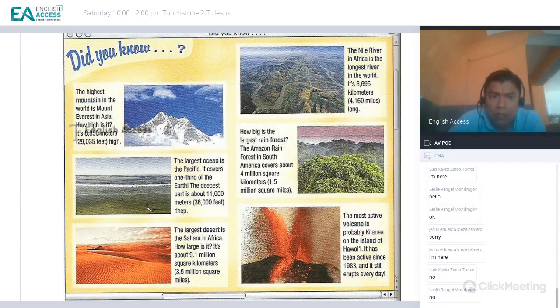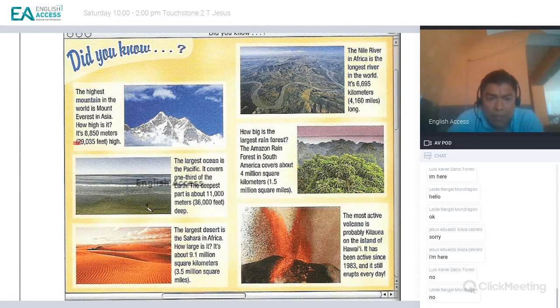How high is it? It's 8,850 meters high. And this is the equivalent to 29,035 feet high. This is a very high mountain.